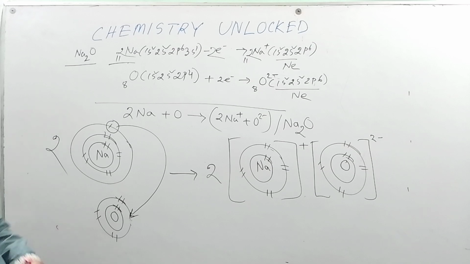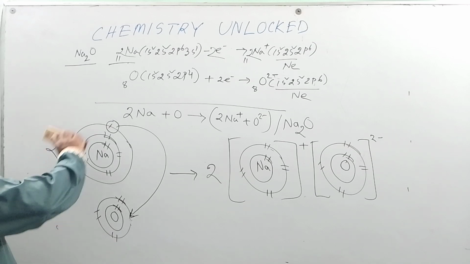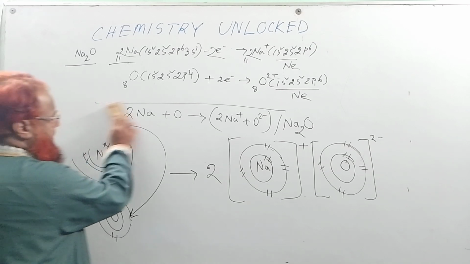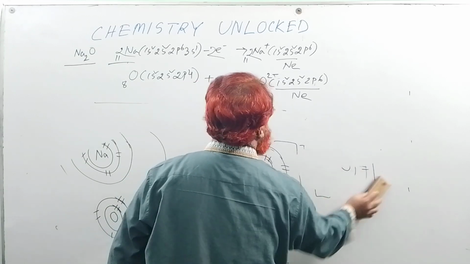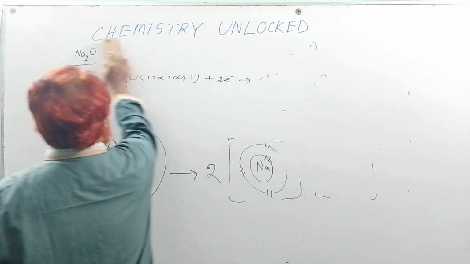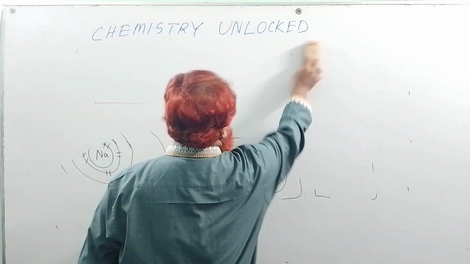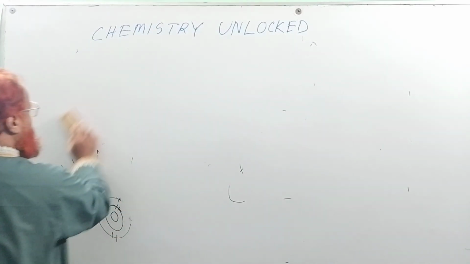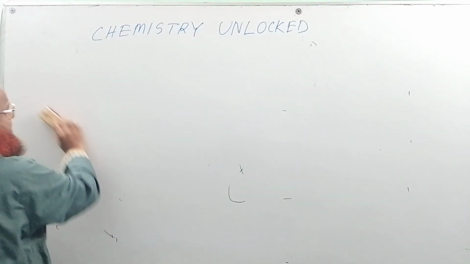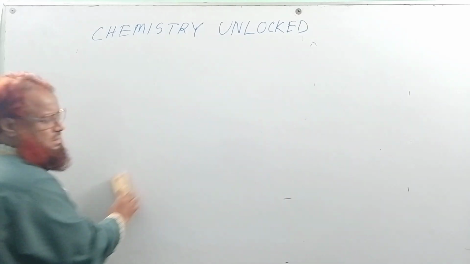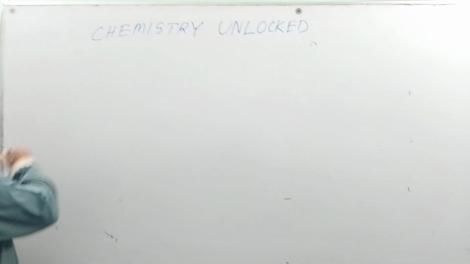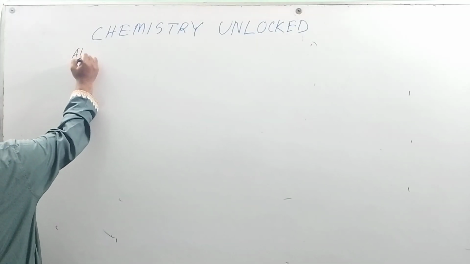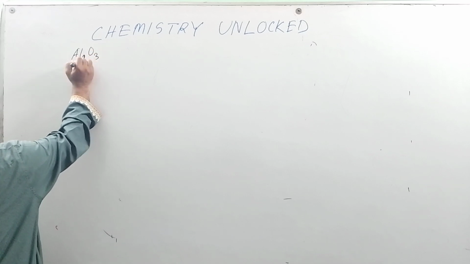Now the last diagram from the ionic compound examples, that is aluminium oxide. A lot of examples are present for ionic compounds, but we have given here some examples which are very common. Then aluminium oxide, Al2O3.